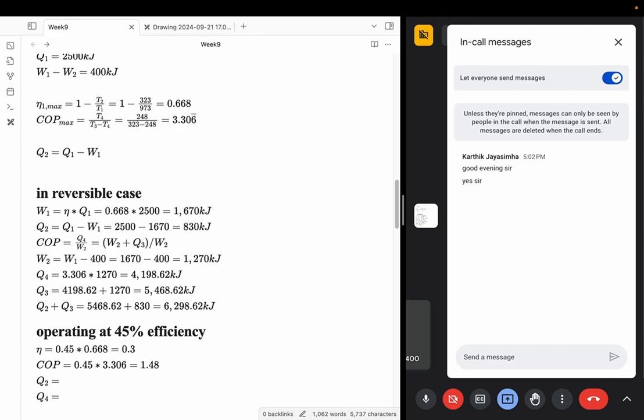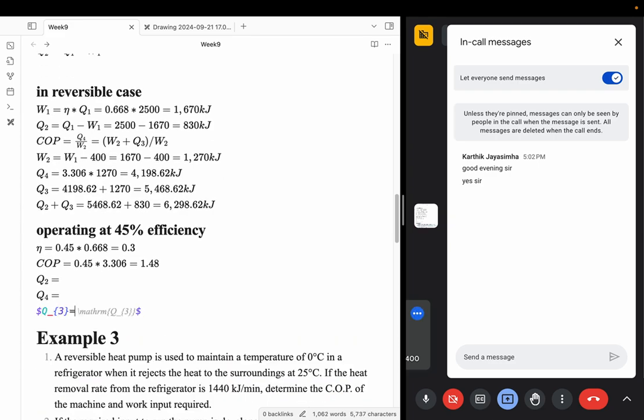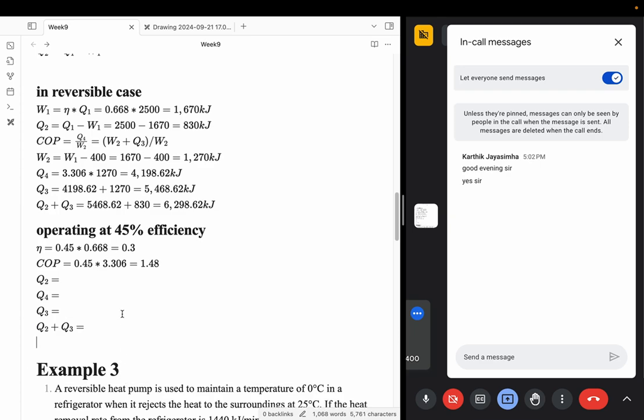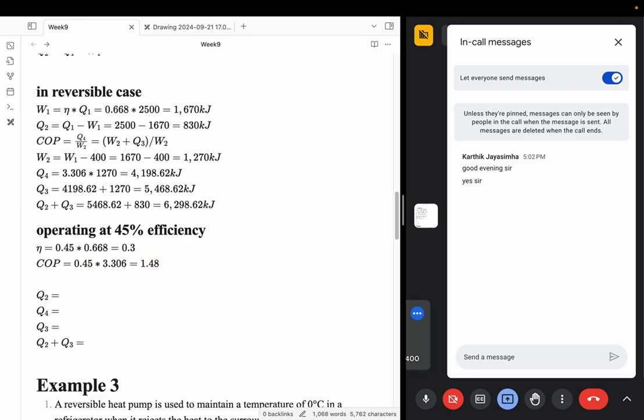Q4, Q3, finally Q2 plus Q3. This is 30% efficient times your heat input.